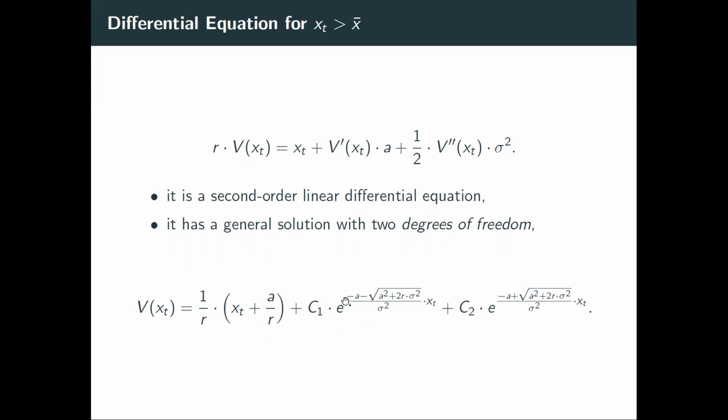And then you just know that it's some kind of exponent of a linear function. So it's basically e to the power of some constant times xt, right? And then you just substitute this form and get a quadratic equation for this coefficient, basically, and just solve it. The result is some constant. So that's the general solution.